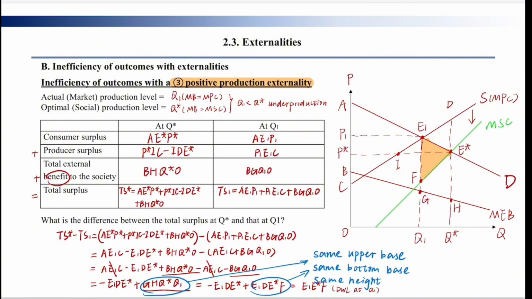Do you remember the MD curve is from this origin point and becomes larger and larger, and the MEB curve is starting from this point and becomes smaller and smaller as the quantity increases. It means that as the quantity per unit increases, the benefit brought about will gradually decrease, because we can understand it in this way in a society or in a city or in a country.